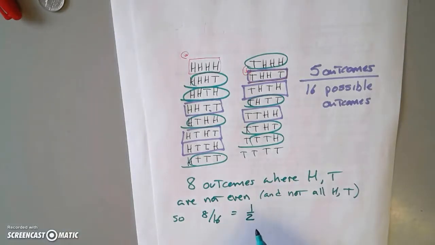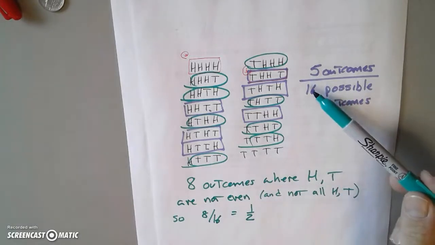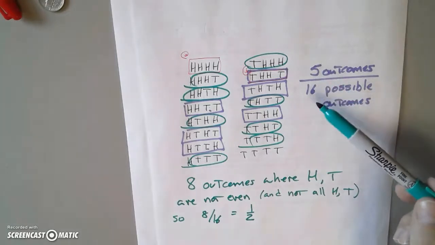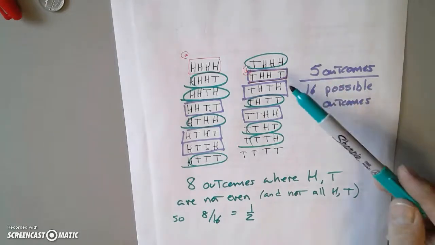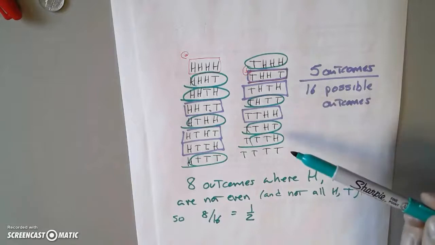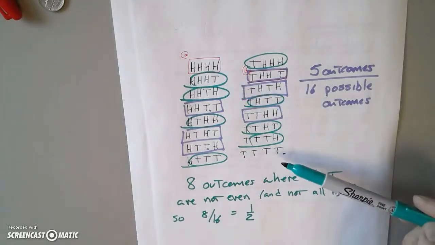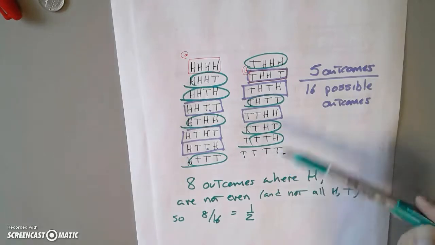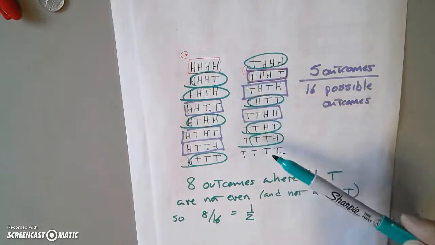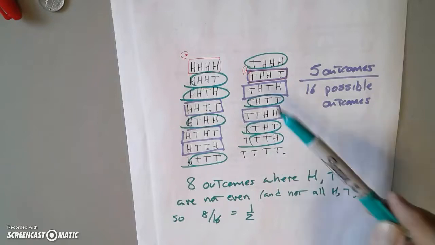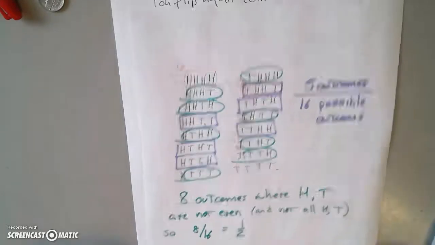So half the time you should have more tails than heads, or more heads than tails. 5 out of 16, about a third of the time, you should have an even split of heads and tails. And then rather less often, you should have either just heads or just tails. But the odds of any one of these happening is equal. The odds of any one of these happening is equal.